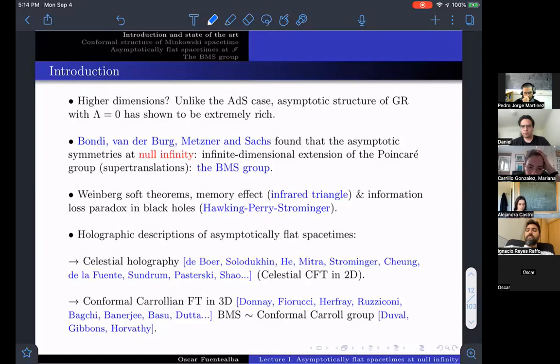And this connection is possible thanks to the work by Duval, Gibbons, and Horvathy, who realized that BMS is isomorphic to the conformal Carroll group. I will talk about this also once we have the BMS group.